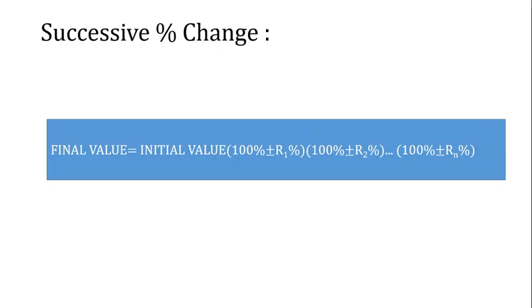So we can conclude the formula for successive percentage change as: final value is equal to initial value times 100% plus or minus R1% times 100% plus or minus R2% up to 100% plus or minus Rn%, depending on the number of changes a value is going through.